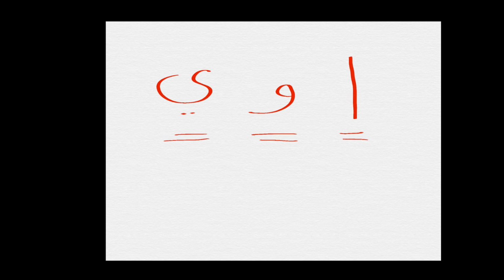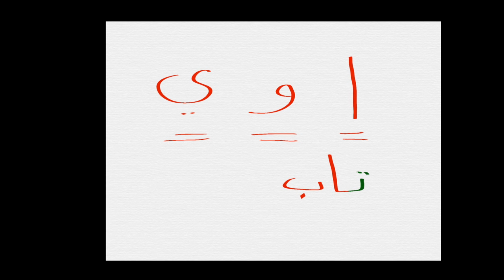Now let's see a couple of examples using the letter Ta and how it's pronounced with long vowels and short vowels. To remember that in Arabic we've got three long vowels: A, U, and E. So it's pronounced "Ta", "tab".